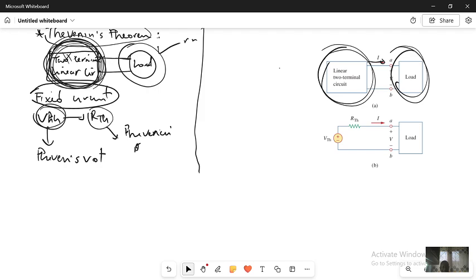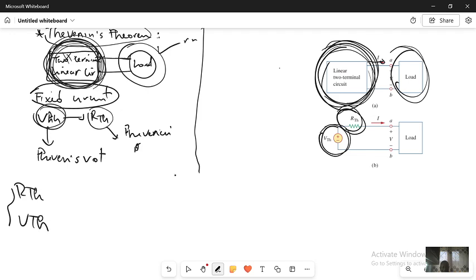We know what a load is and what a linear circuit is. Now we are going to convert this linear circuit to a circuit which has only RTH and VTH. Now we are going to see how to determine RTH and VTH.